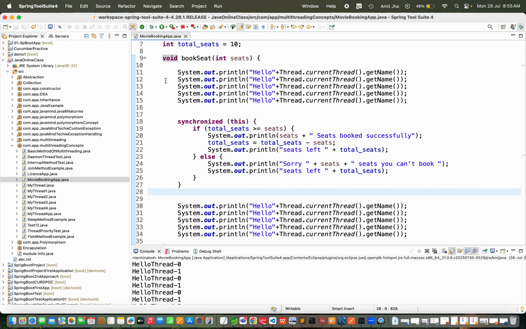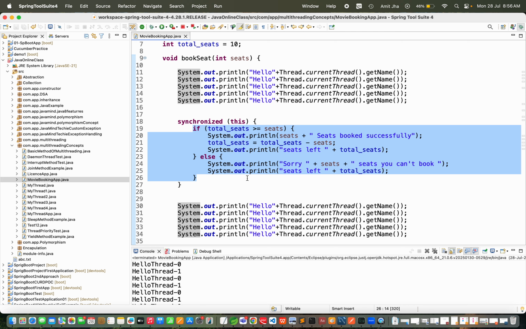But if you use a synchronized method, then until the first thread completes its task, the second thread does not come into the picture to execute the method. In this case, you can see this line also executing in parallel, and this synchronized block is also executed by some thread. So performance will increase, with no waiting time.